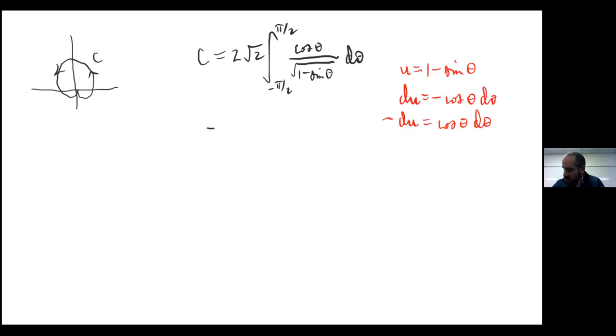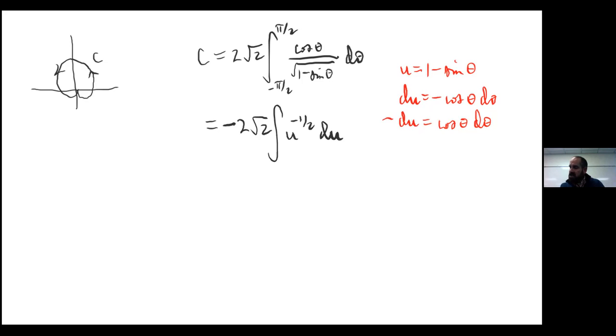So this is equal to minus, there's a minus sign now, 2 square root of 2 times the integral of u to the negative 1/2 du, because it was 1 over the square root of u, correct? I'm not going to write down the limits of integration because I'll change them.